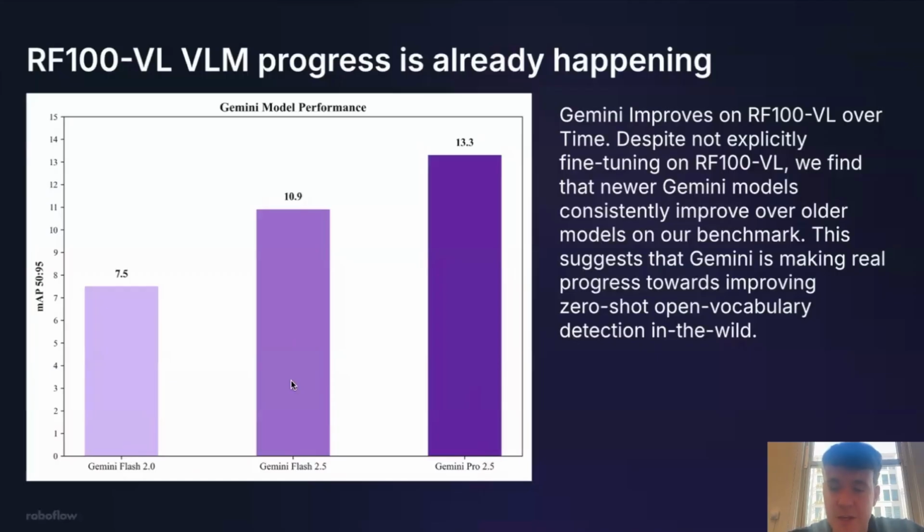It seems like Gemini is doing work in the direction of open vocabulary tasks in the wild. But we still think that there is a lot of space to improve, and the numbers show that as well. But it is interesting to see that they were improving independently of that, but also the models were just getting better in everything as well. So it's great to see that object detection is also getting better.